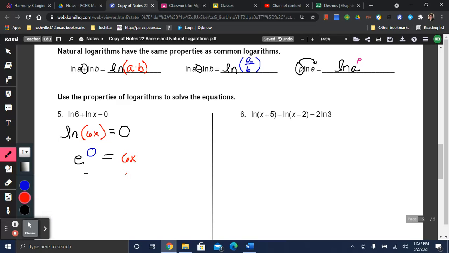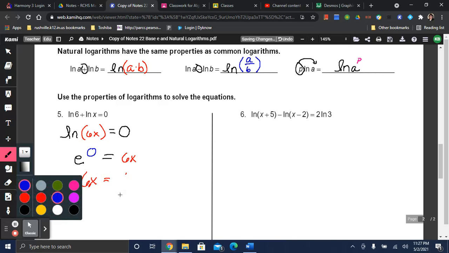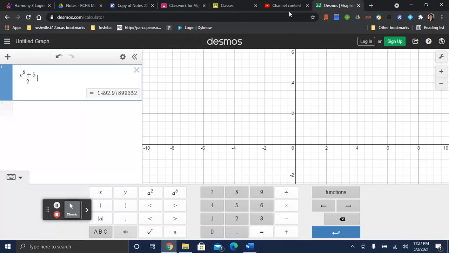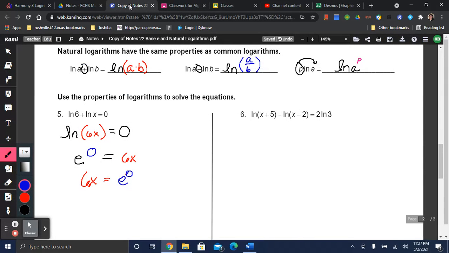So that's 6x equaling e to the 0. And on this one, if you do not remember e to the 0 power, it is 1. Any base to the 0 power is 1.